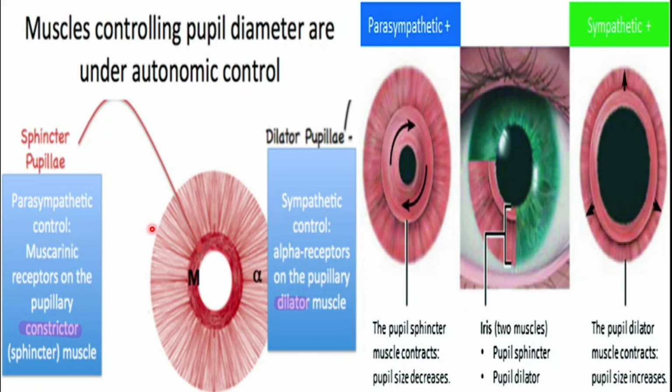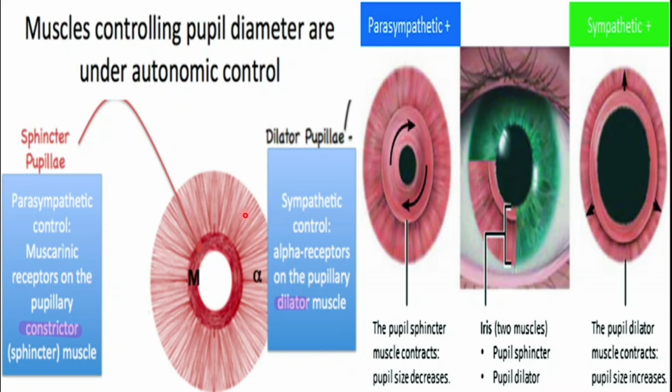So parasympathetic stimulation causes miosis, and sympathetic stimulation causes mydriasis.